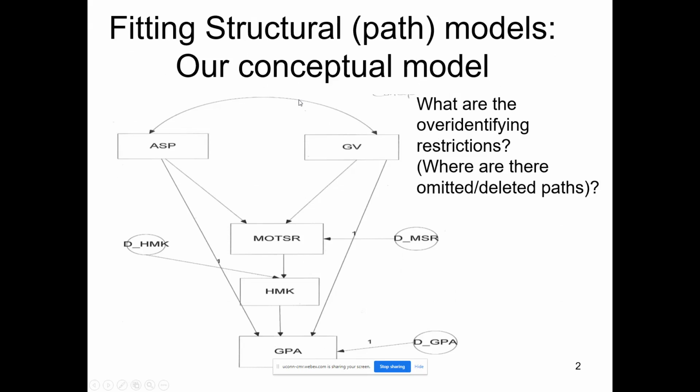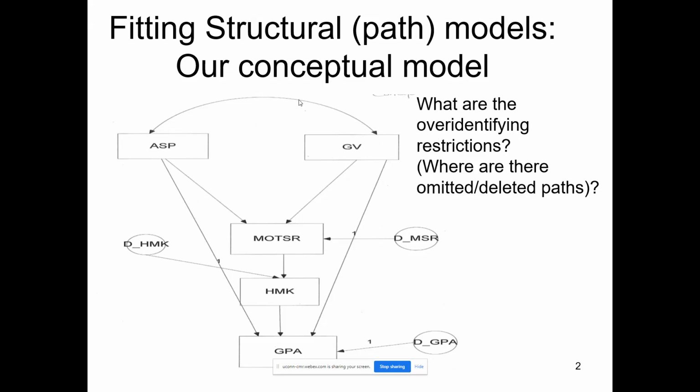So the first thing I want to talk about is how should we think about the process of fitting path models. Let's take a look at this path model for a second, the one that's on the smart board, and tell me where you notice that there are over-identifying restrictions, which really means where there are not linkages.